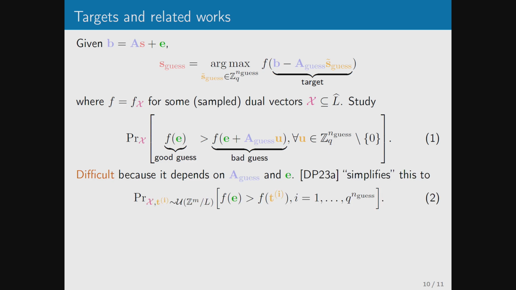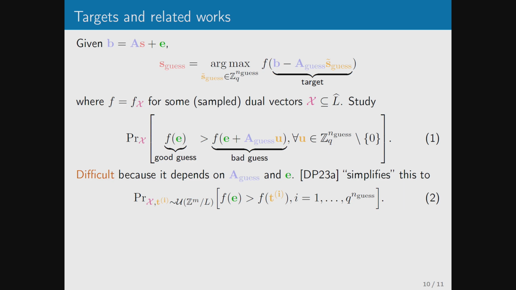So what they did in their paper, I think, is that they tried to take that and simplify it to something that's maybe easier to analyze. And they came up with this, where on the left-hand side of the equation, you still have f of e, so the good guess.